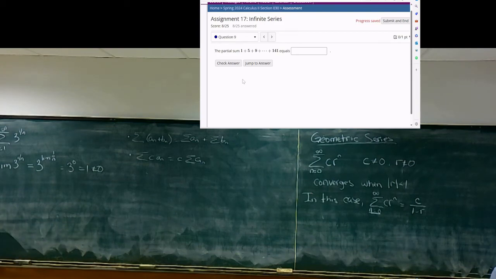Okay, so this is also going to require pattern recognition. So 1 plus 5 plus 9 plus, and so on, plus 141. So what would the pattern be? Is it n plus 4? 1 plus 4n, n equals 0. Goes up to what?